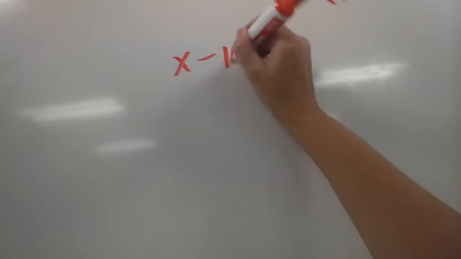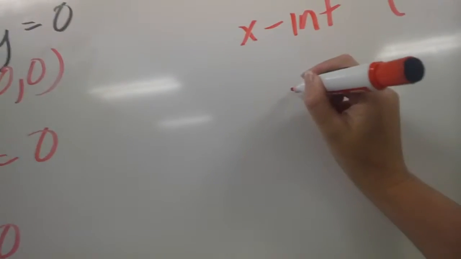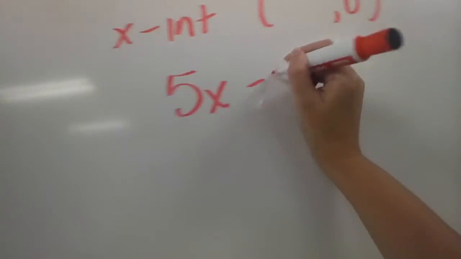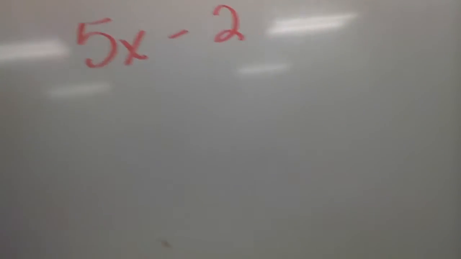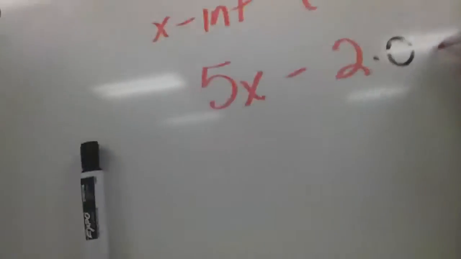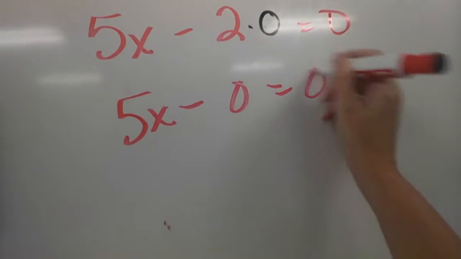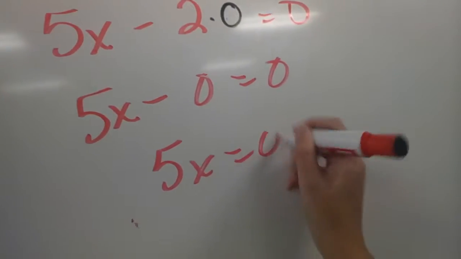Erase that dot. All right, let's solve for my x-intercept. So my y is going to be 0. So 5x minus 2 times 0 equals 0. 5x minus 0 equals 0. 5x equals 0.